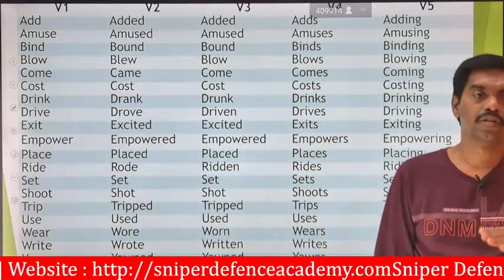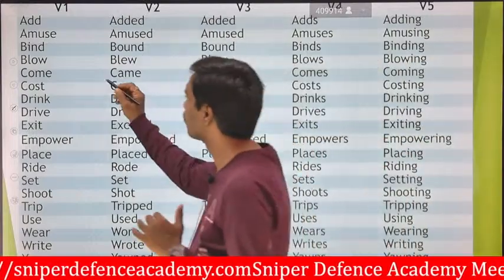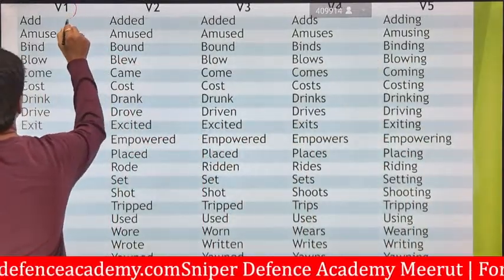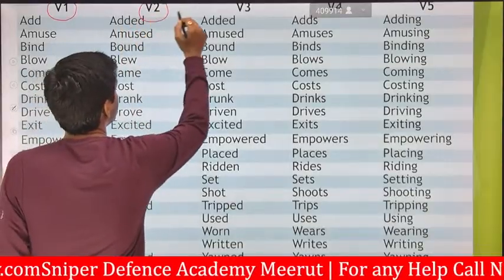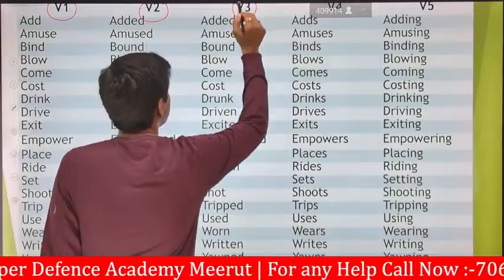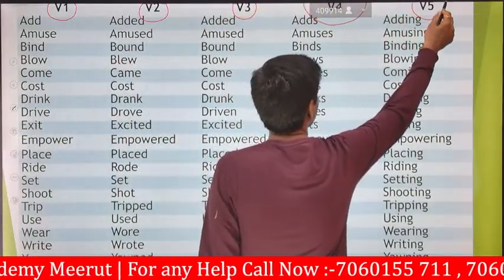As we know what V1, V2, V3, V4, V5 are, see it has been given here. You can easily identify: this is V1, these words become V2, this becomes V3, this is said to be V4, this is V5.